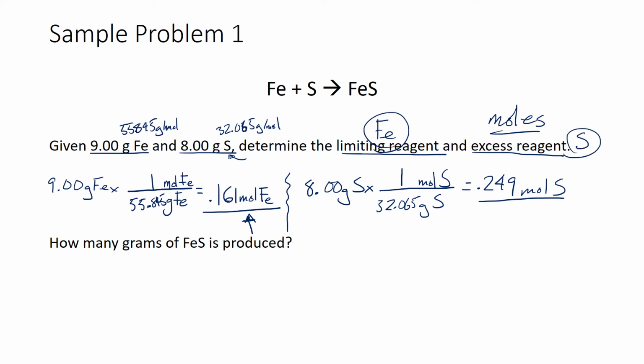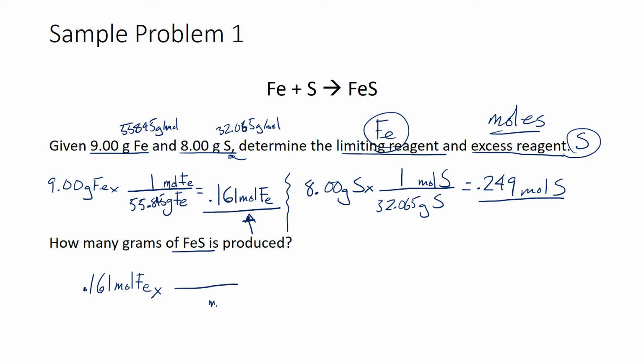Seems simple enough. How many grams of iron sulfide is produced? Well, at this point, we work off the limiting reagent. We work off 0.161 moles of iron, and we know that's going to determine the product. We want to convert that to iron sulfide.